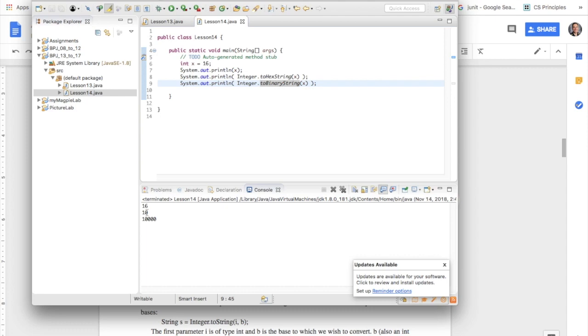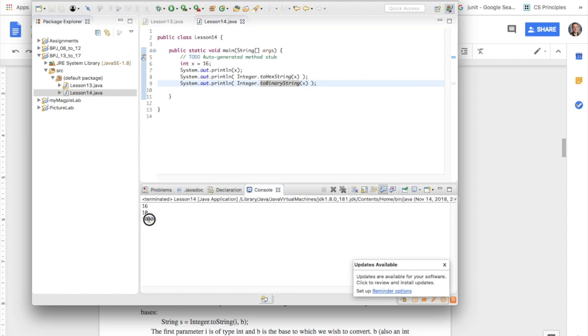It'll be 1, 0 in hex. It'll be 1, 0, 0, 0, 0 in binary. So that's 0 1s, 0 2s, 0 4s, 0 8s, and 1 16. If you add that all up together, it is the number 16.